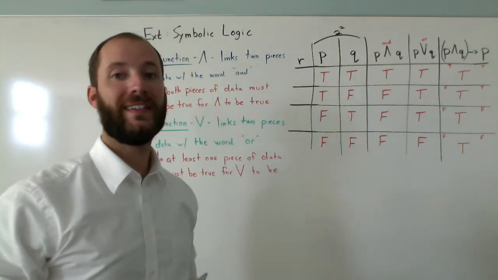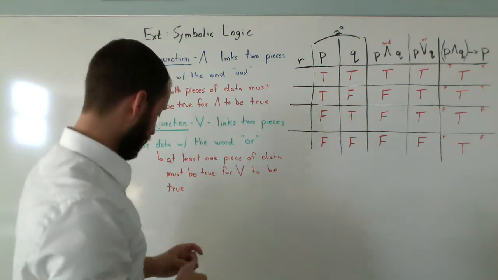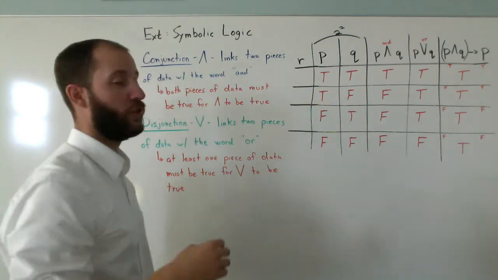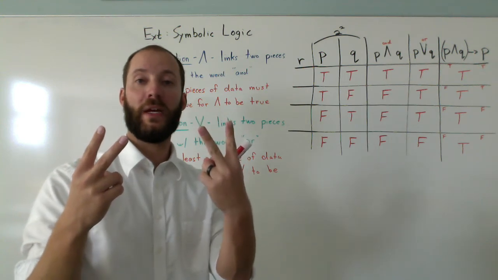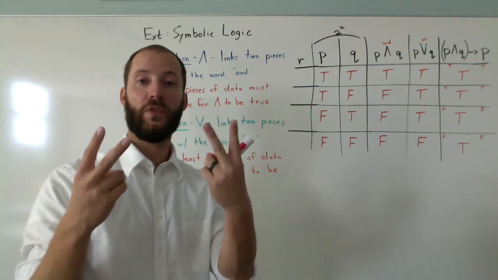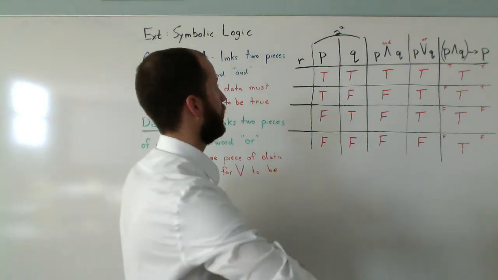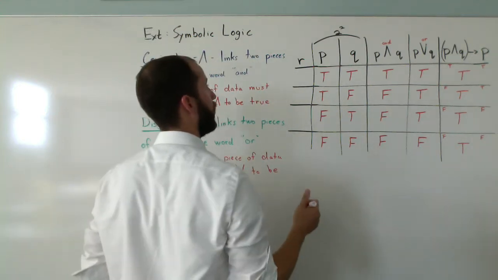That is 2 to the second, because you have 2 pieces of data, and they can be tallied up in 2 different ways, true or false. So 2 to the second, we have 4.